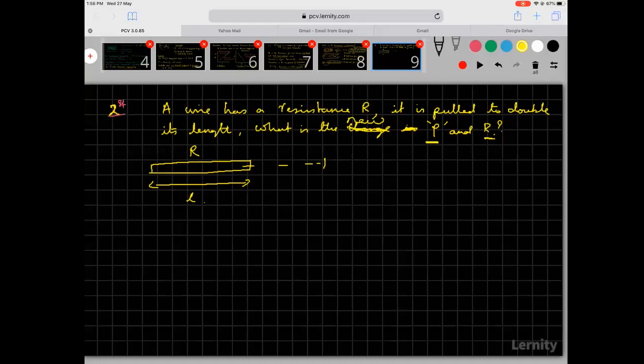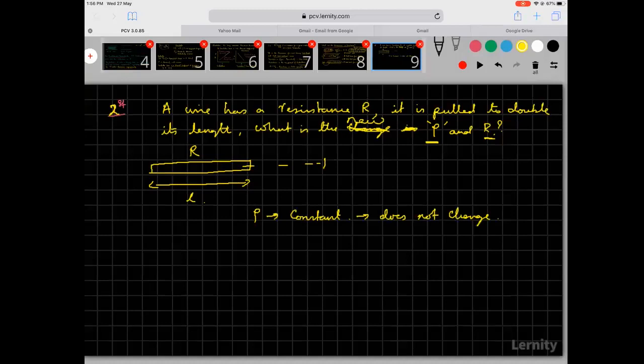Okay, so if you understand it, you will say resistivity is a constant. For a given material at a given temperature, it is constant. So resistivity does not change. Okay, then what is happening to R? R is equal to rho L by A. So what will happen to L?